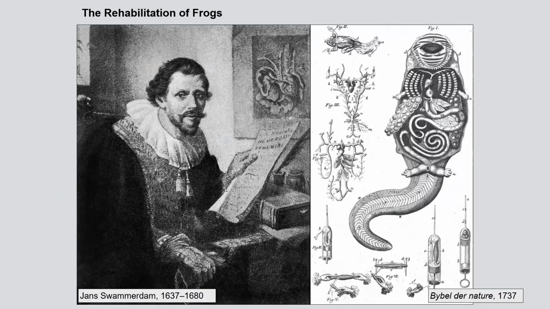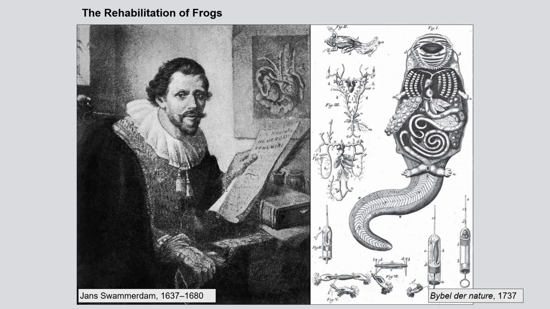And part of the interest there was that at the time, amphibians were thought to maybe not really be animals like us. They were thought to appear out of the muck, spontaneously generate. It was not thought that tadpoles and frogs were even what we now think of as a vertebrate animal. They were thought to be quite different. But Swammerdam showed in these dissections of tadpoles that, in fact, they had many of the same parts that we do.